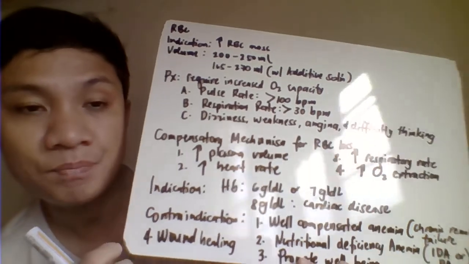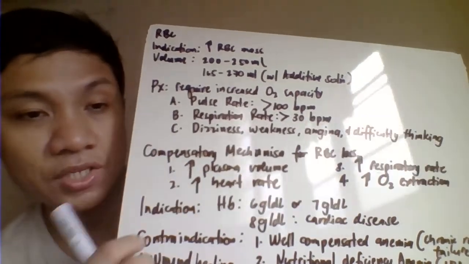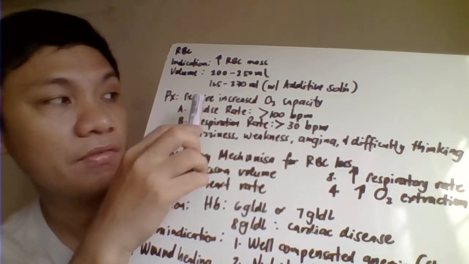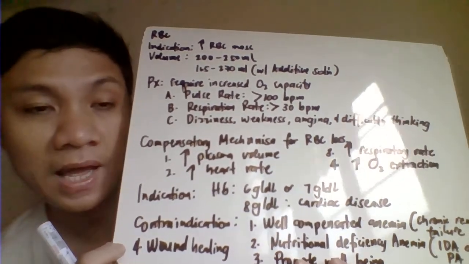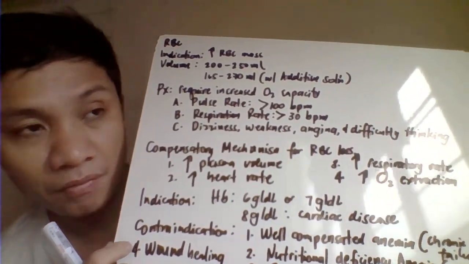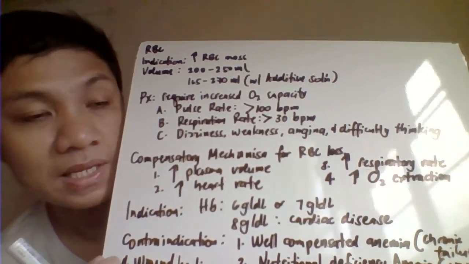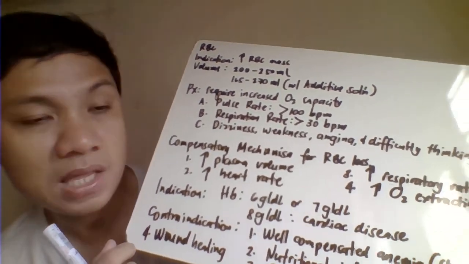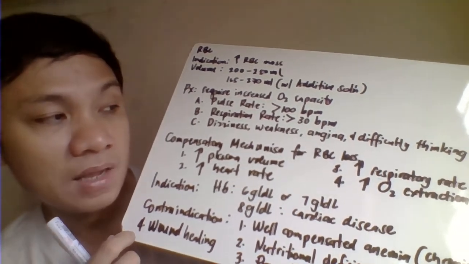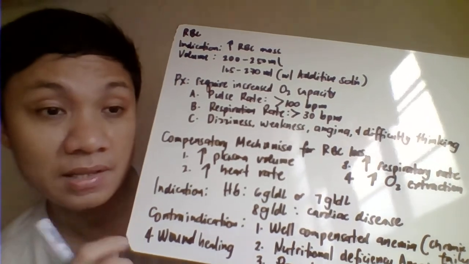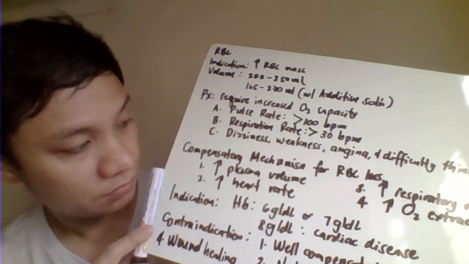Then we have the patient's manifestations that require a PRBC. Number 1, a pulse rate of more than 100 beats per minute. We also have a respiration rate of more than 30 breaths per minute. The feeling of dizziness, weakness, angina, and difficulty thinking would signify that the patient has a decrease in oxygen mass.